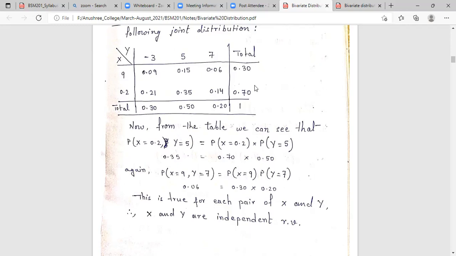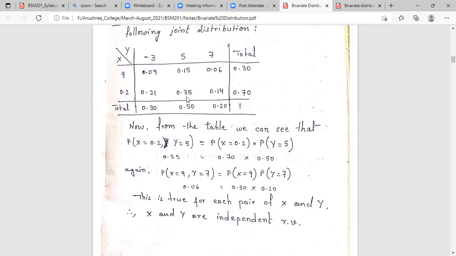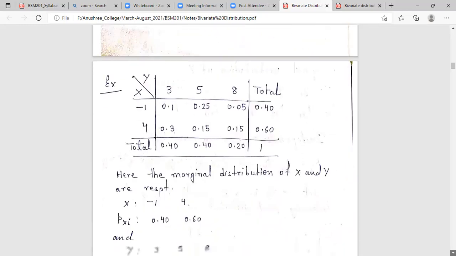So whatever the joint distribution given in this problem, the random variables are independent, since for each pair Pij is equal to P(X equals xi) into P(Y equals yj). So we can conclude that the two random variables in this bivariate data are independent. Let us come to the next.